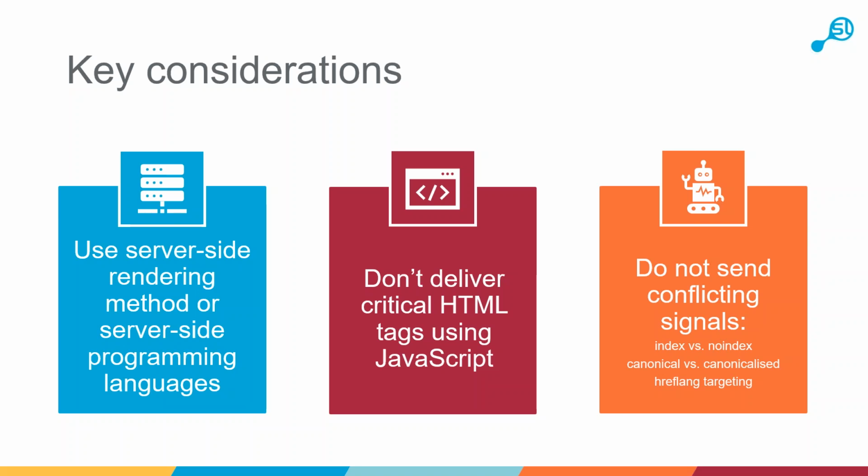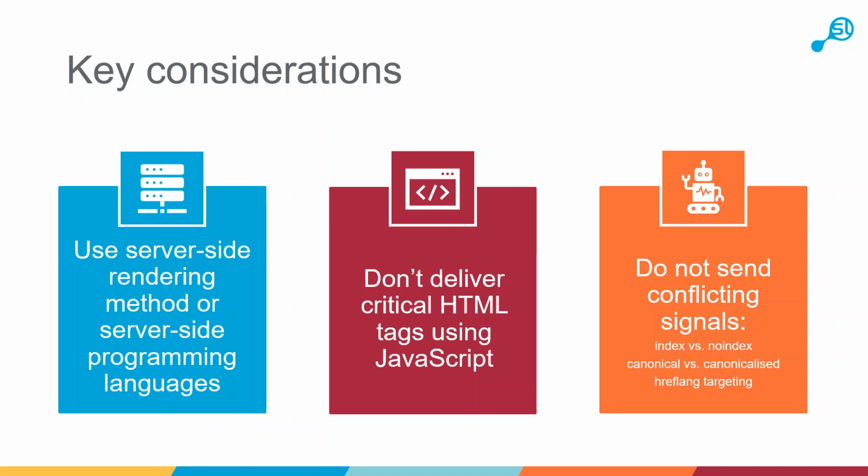Or if you are designing your technology from scratch, for example if you're migrating to a new platform, it's probably better to stick to server-side programming languages like PHP or .NET, etc. If you have to, or you're already in a React app, try not to deliver critical HTML tags using JavaScript. By critical, I mean it might be your canonicals, it might be your meta robots commands, etc.